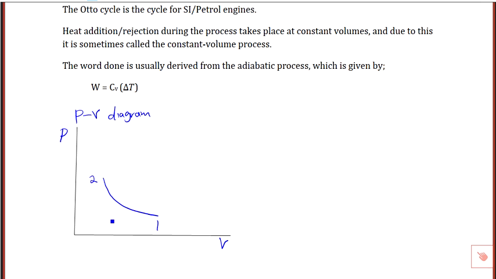Now after compression, remember the induction stroke, I'm not going to talk much about it, but the induction stroke is usually that process from here to here. So I'm going to call here V1 and here V2. So this is now the compression stroke, process 1 to 2.